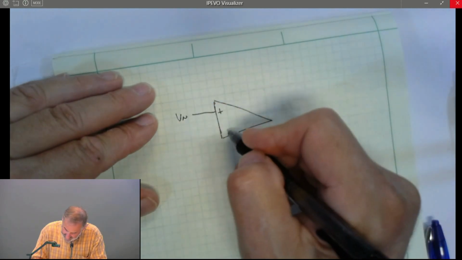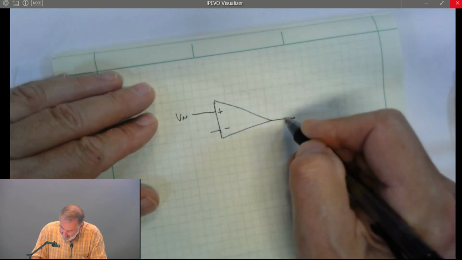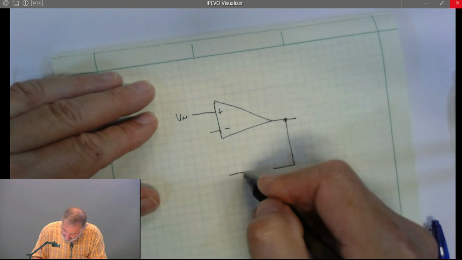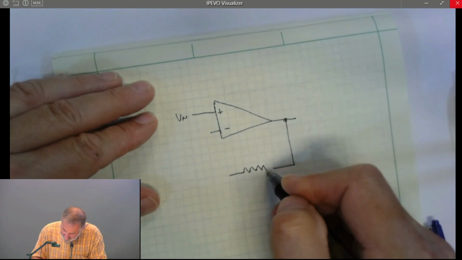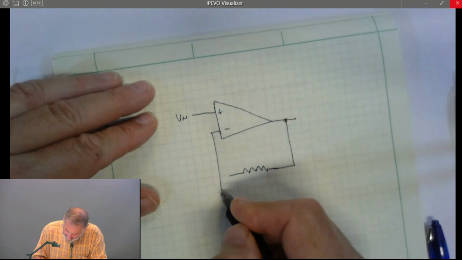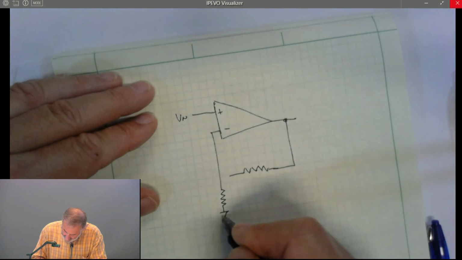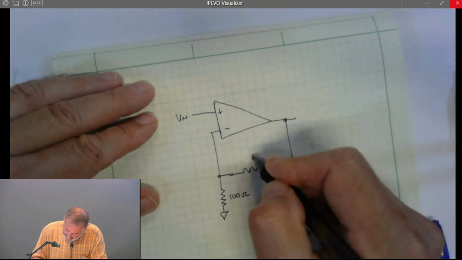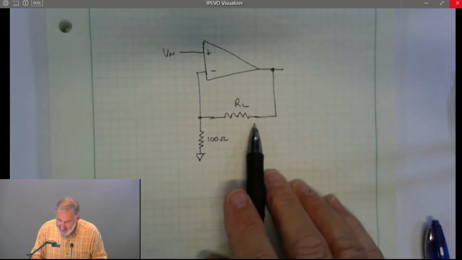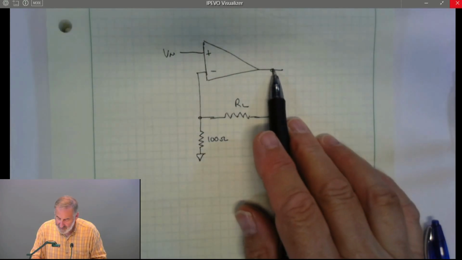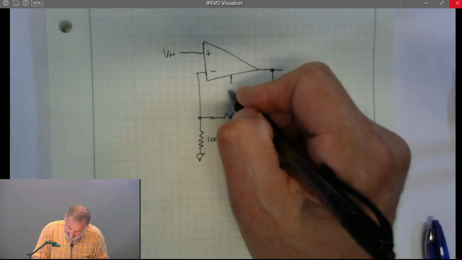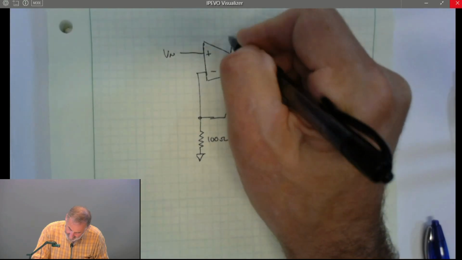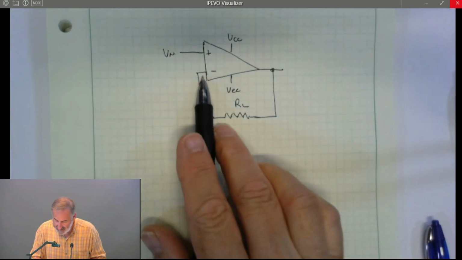Some non-inverting circuit. What's interesting about the circuit is we stick the load between the output of the op-amp and the negative input.